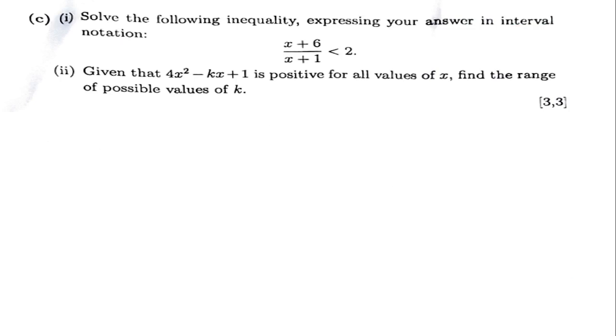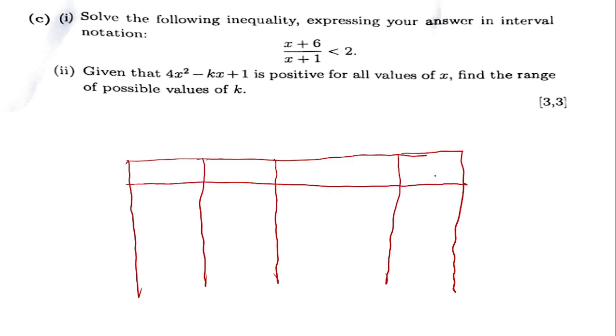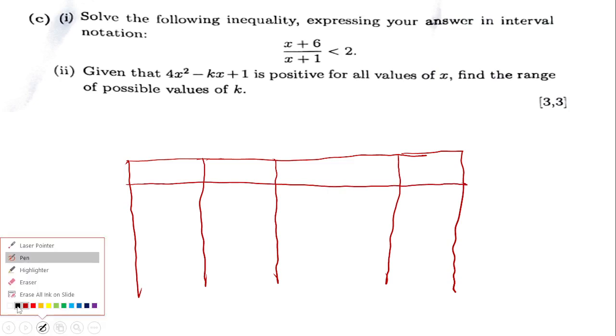After finding the critical points, you're now going to use the table method. This is not something new because it's something that we did in the Math 1120 solution. So you put your critical points where they are supposed to be by comparing the bigger one and the smaller one.